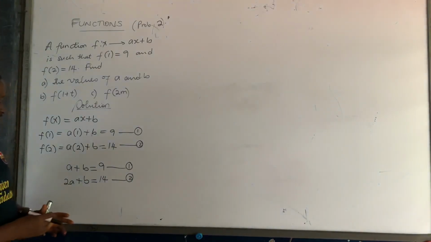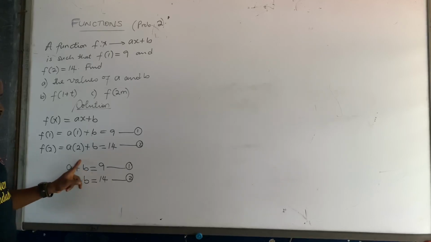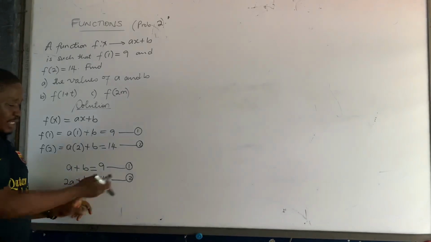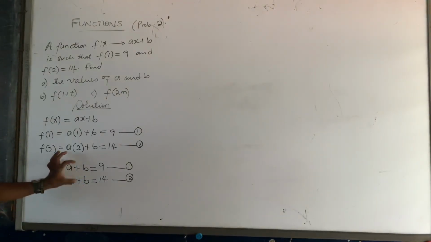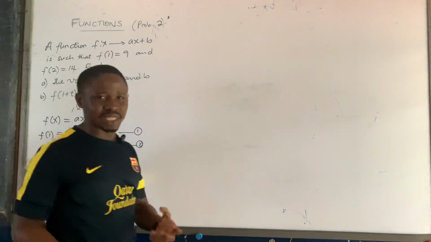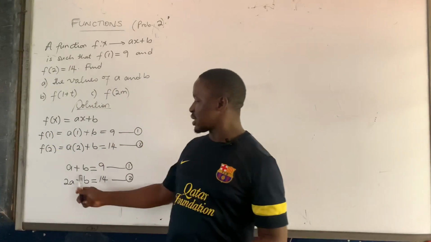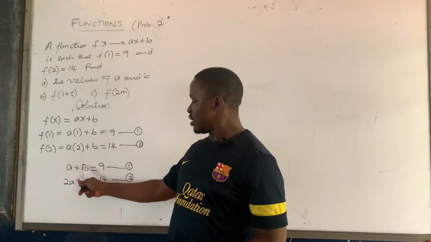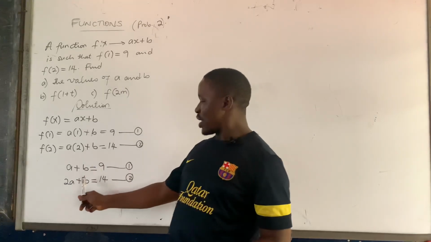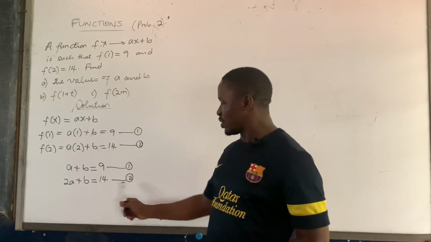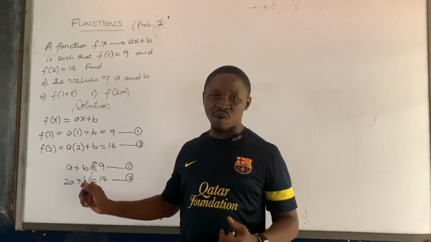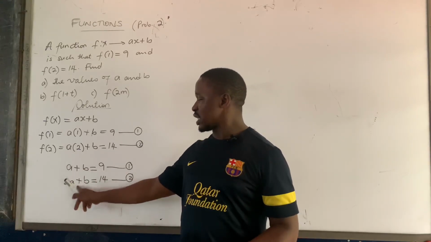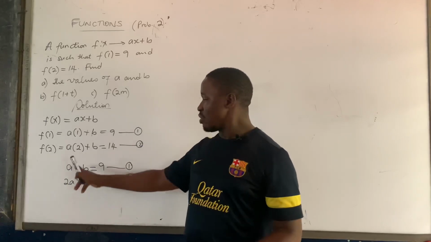We are lucky that the coefficient of b in the first equation and that of b in the second equation are both 1, and the signs in front of them are the same.